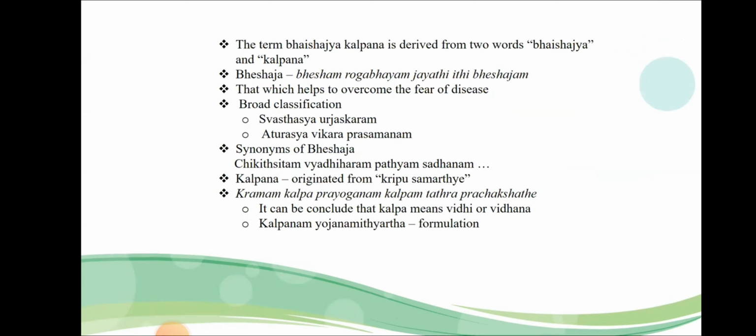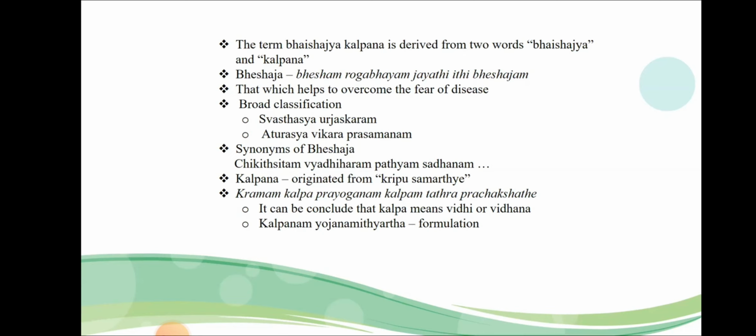Coming to the Nirukti of Bhaishya Kalpana, first is the term Bhaishya. The Nirukti of Bhaishya is Bhayam Rogam Jayati Iti Bheshajam. So that which helps to overcome the fear of a disease is known as Bhaishya. The word Bhaishya is derived from the root word bhishak, which means physician.